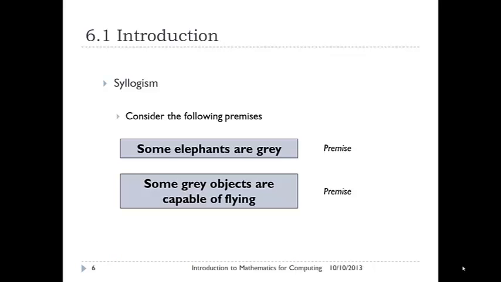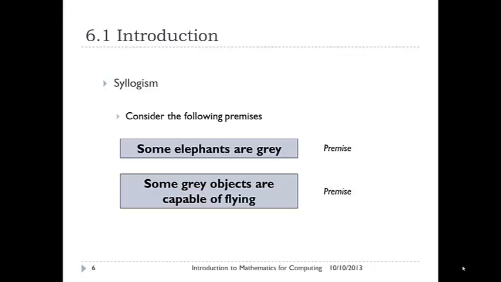So let's take some more premises, and this time please note that the use of the word all has been replaced by the use of the word some. So we're quantifying the subject under consideration here in each of the premises in a different way. We're no longer saying that every elephant is grey, and we're not saying that every grey object is capable of flying.